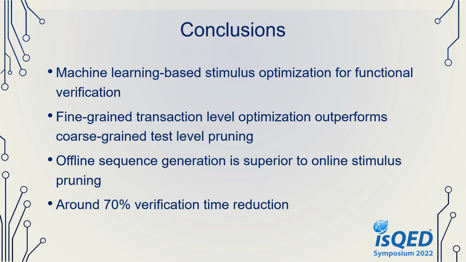We also show that offline sequence generation is superior to online stimulus pruning. And our experiment results show that by applying our proposed machine learning techniques, we can reduce the overall verification time by about 70%.